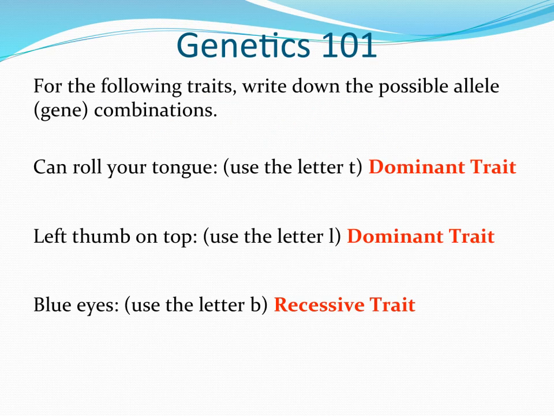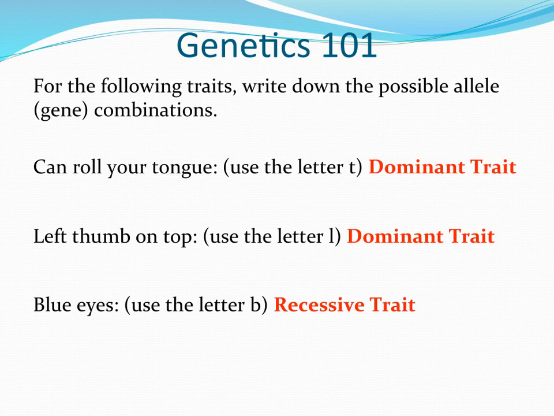We're going to do a little practice here writing down the allele combinations for the following traits. So if you're able to roll your tongue, what allele combinations or letters would you write down for this dominant trait?